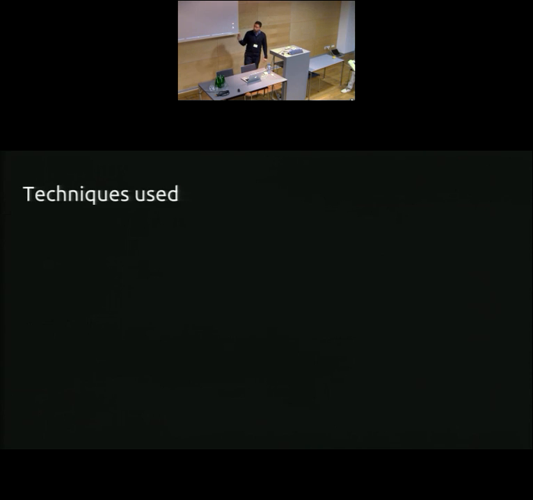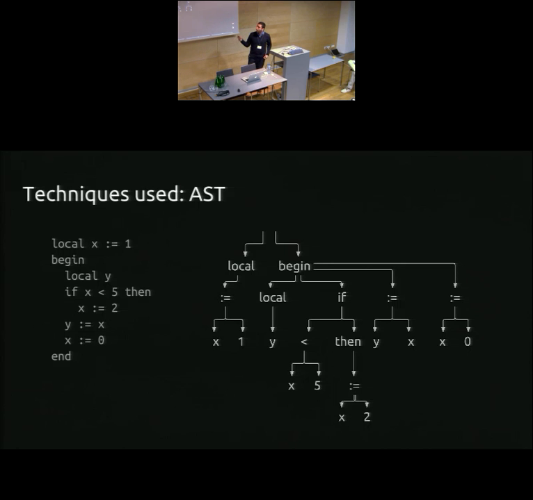So, we are going to talk about some techniques used to do the refactoring operations without changing its semantics. The first one is the AST, Abstract Syntax Tree, and it's basically used as a main representation of the program. The tree on the right represents the program on the left.